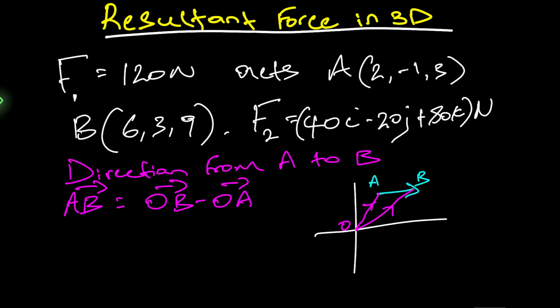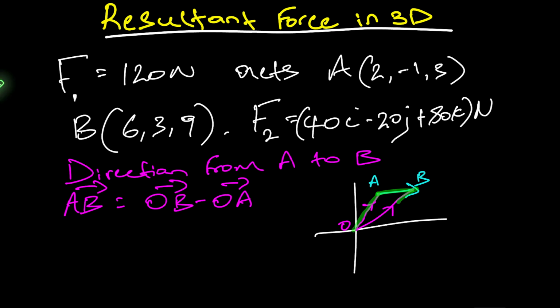Now what happens is we first add the vectors that are going along the same path, so that would be OA plus AB. Because OB would be going opposite to that, all of this would be equal to OB. I hope that makes sense.